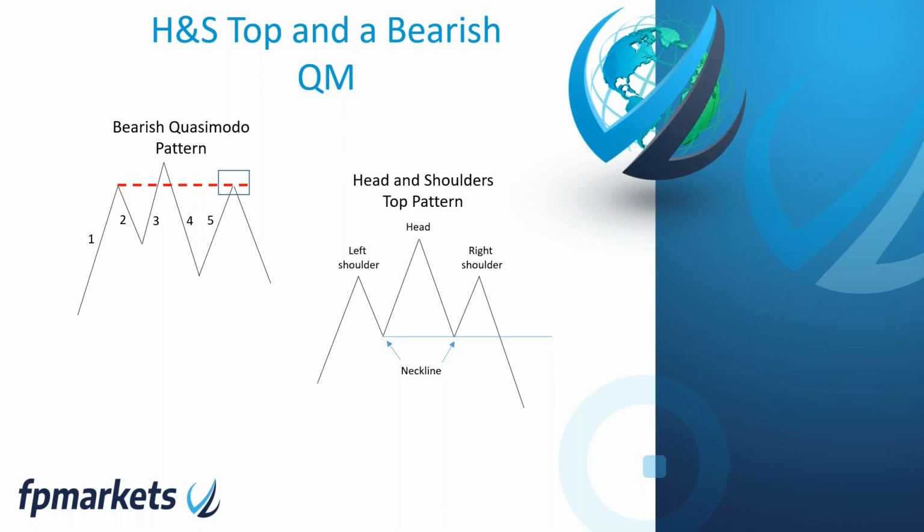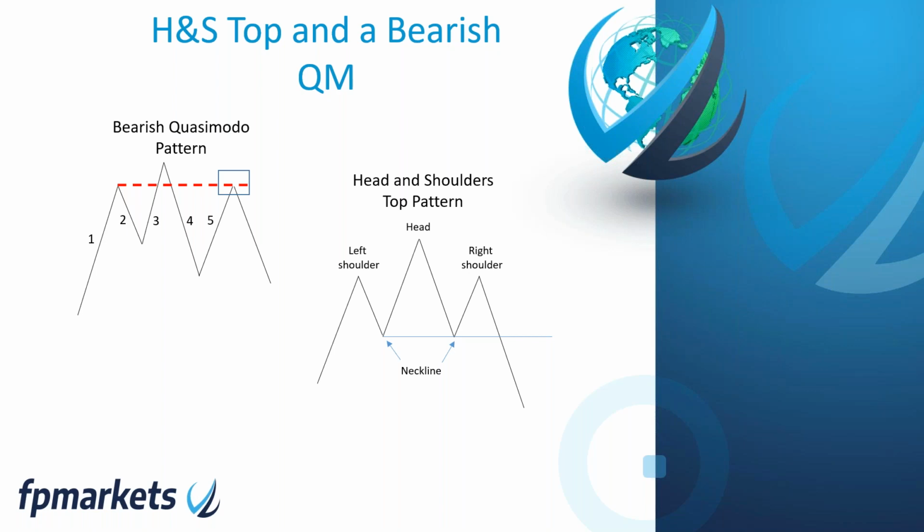The first, should I say, notable deviation is the QM pattern lacks a right shoulder. While to form a valid head and shoulders top, as in the example on the slide, we require 3 peaks: the left shoulder, the head, and the right shoulder. Look, guys, I'm sure you already know this. I'm just trying to highlight the clear differences between the two.